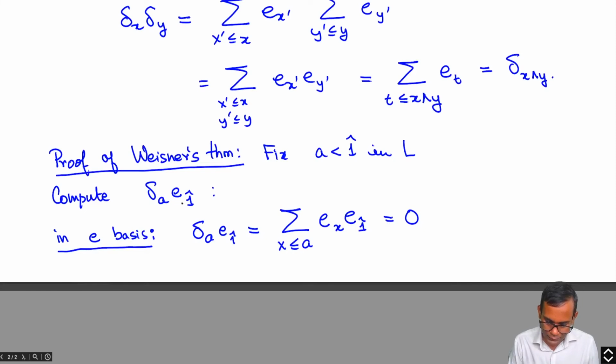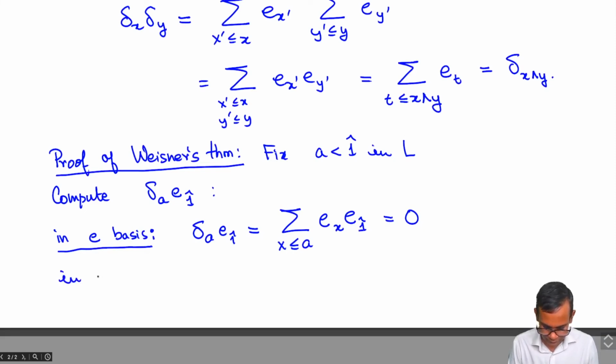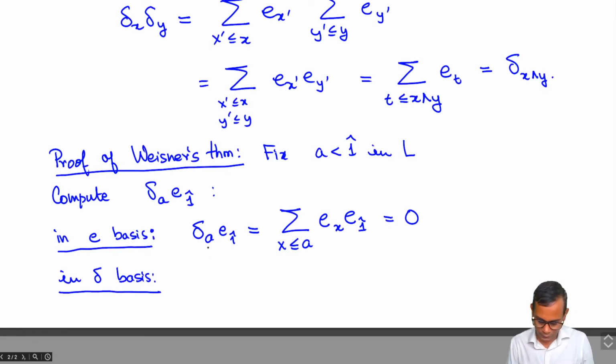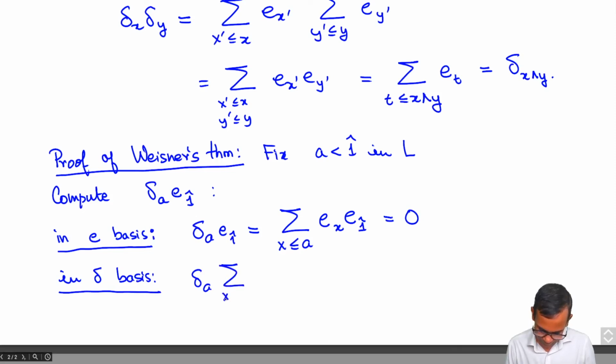Now let's do the same calculation in the delta basis. And this will involve the Mobius function. So if we work in the delta basis, then what we know is that E_1hat is equal to the summation over x less than or equal to 1 hat of mu(x, 1hat) delta_x.